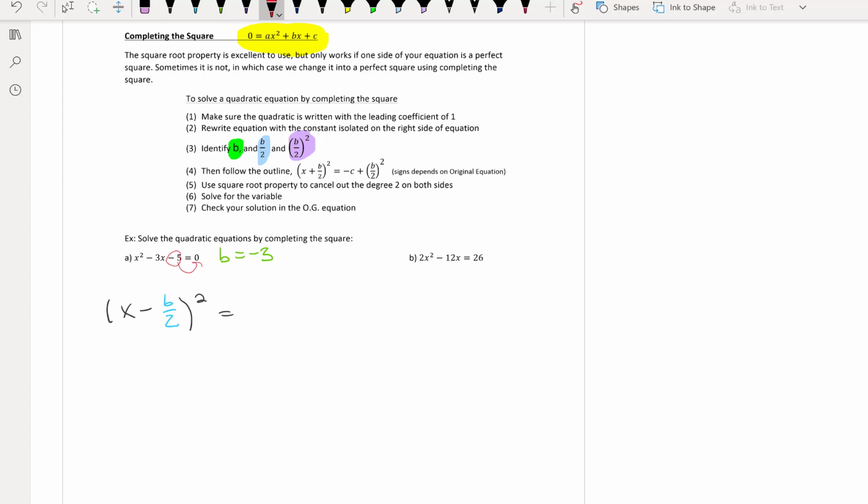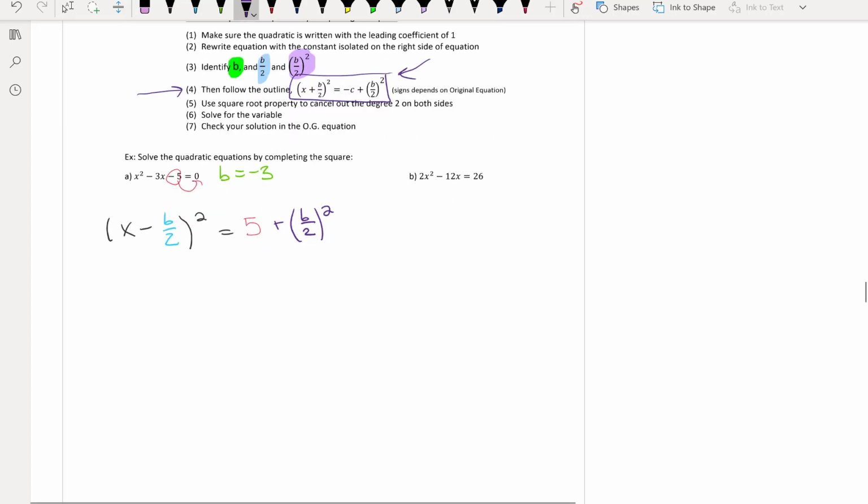When you do that, it's by adding, so now it's a positive 5. And don't forget that you're going to have plus your b divided by 2 value squared. I am getting that from my step number 4. So this is the equation that I'm really focusing on right here. Now that I have that, I am going to put this into play.